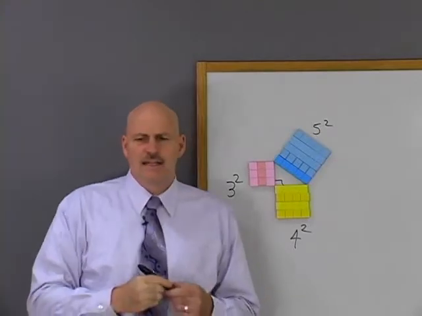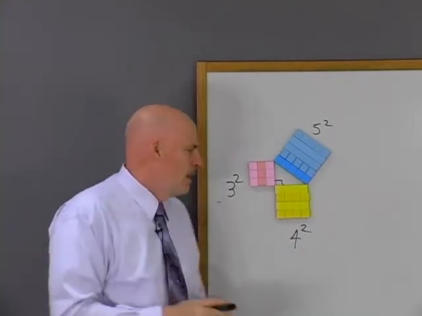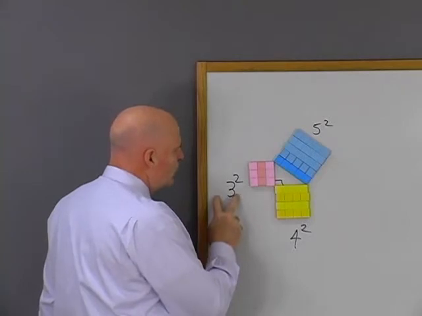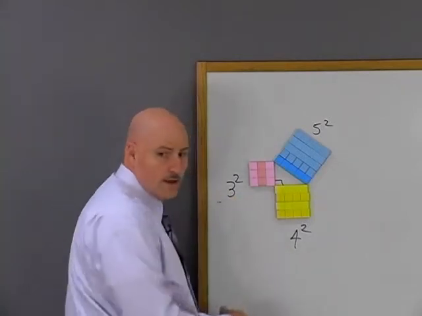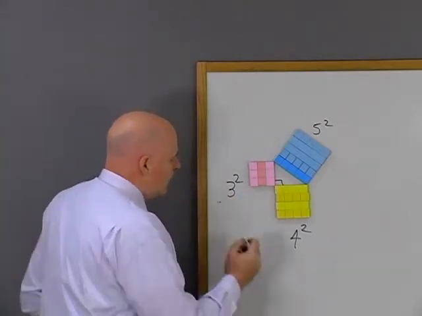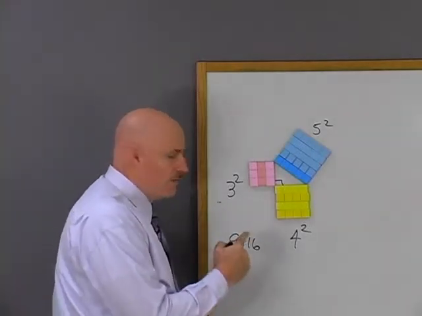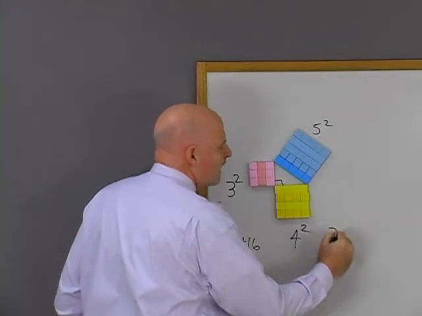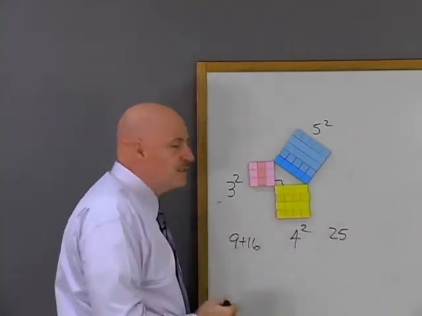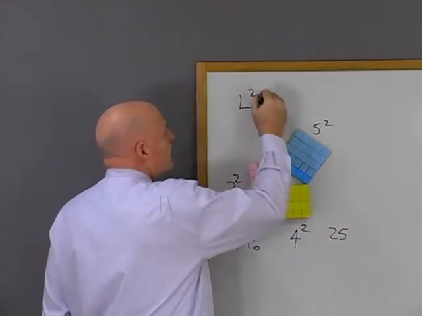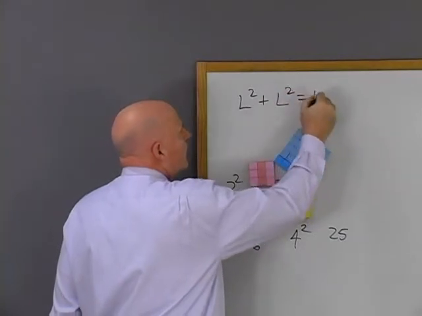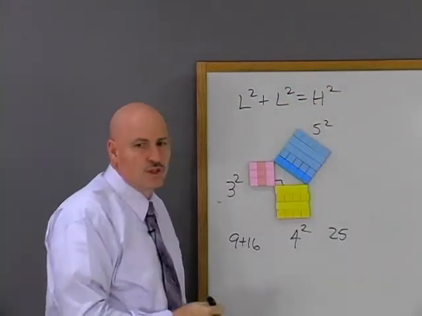Now you might look at that and say, well, what is so unique about that? But if you were to add this up, what's 3 squared plus 4 squared? Well, you've got 9 plus 16 is 25, which is 5 squared. So it turns out the Pythagorean theorem is leg squared plus leg squared equals the hypotenuse squared.